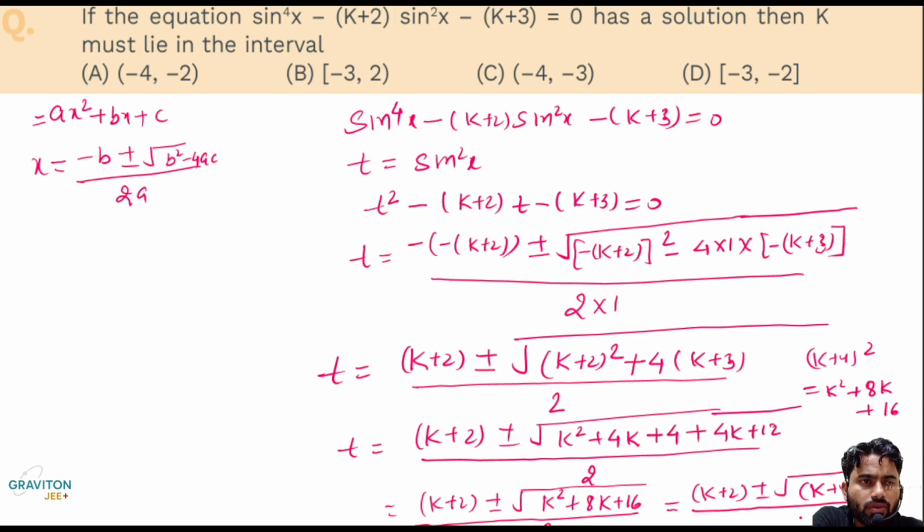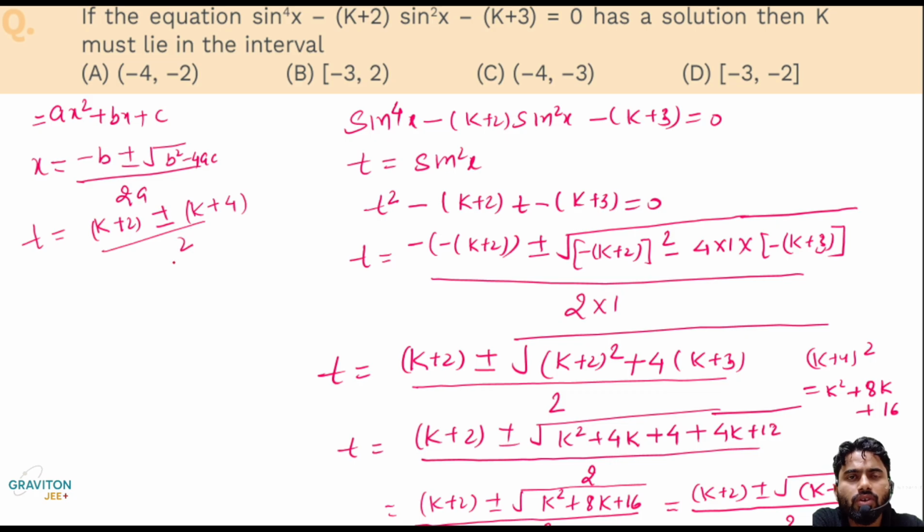This will give you k plus 2 plus minus root (k plus 4) whole square. So what will be your t? k plus 2 plus minus, and k plus 4 whole square comes outside the root as k plus 4, upon 2.